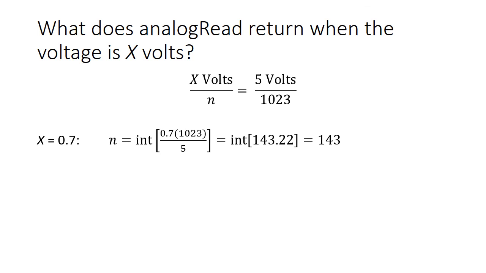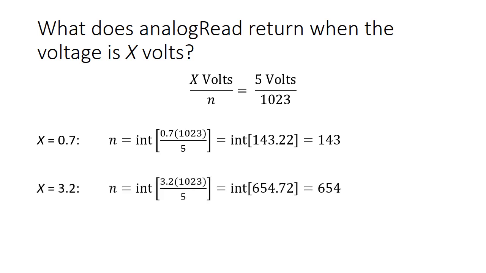So that is the value of n that we get back. That's what's going to be returned, and that's the value that the Nano will detect for us. If we use analog read and it's detecting a voltage of 0.7 volts, it's going to return 143 to tell us that.